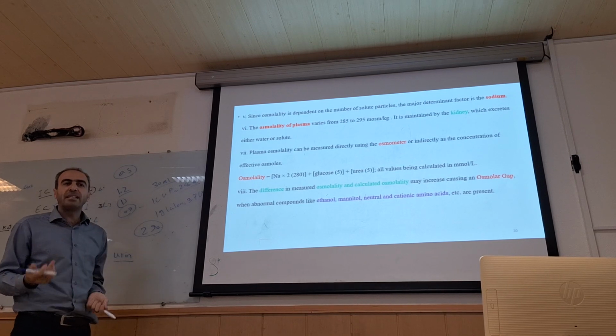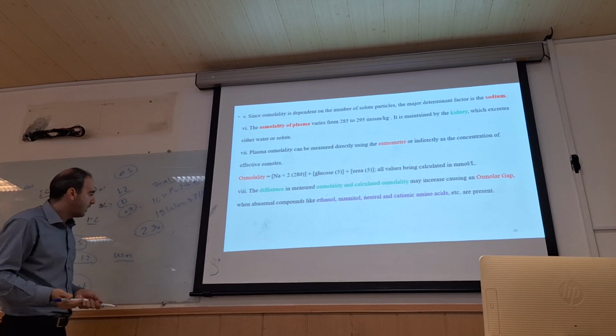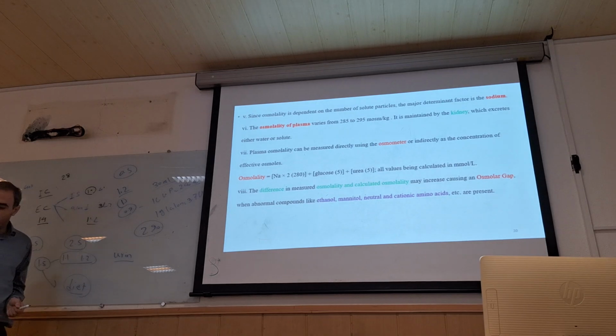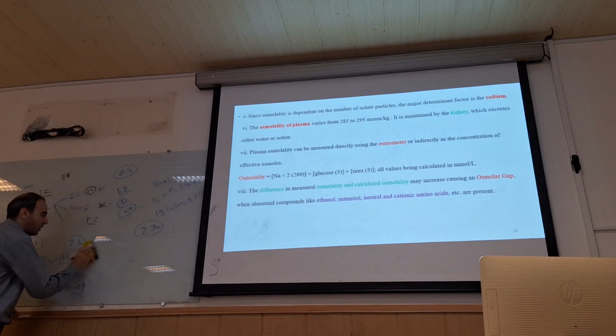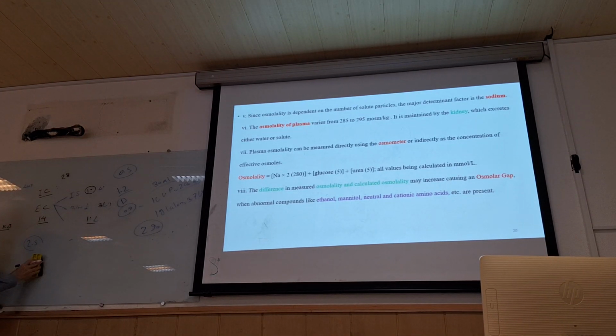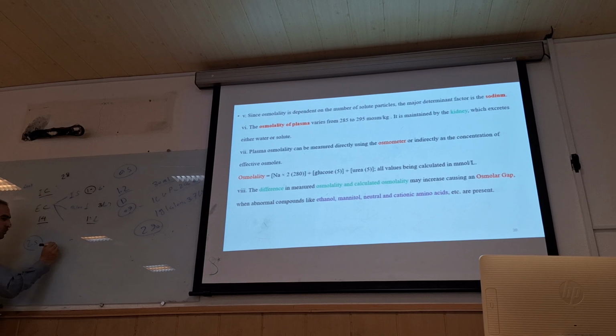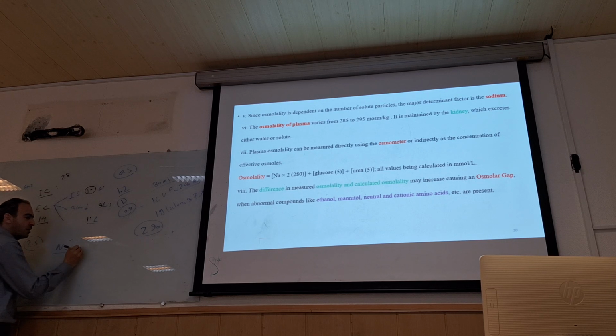And how can we calculate it? The main important electrolyte is sodium. The sodium concentration in the plasma is about 140 milliequivalent or millimole per liter. Both are equal.